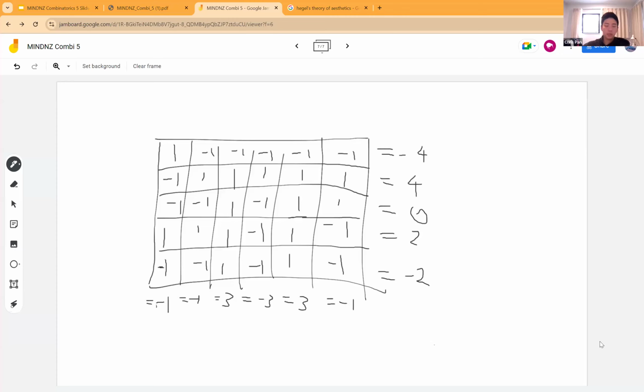This is a pretty simple game. But one of the ones you can look at is just the total sum of all the values of all the mn different values in the mn different squares.